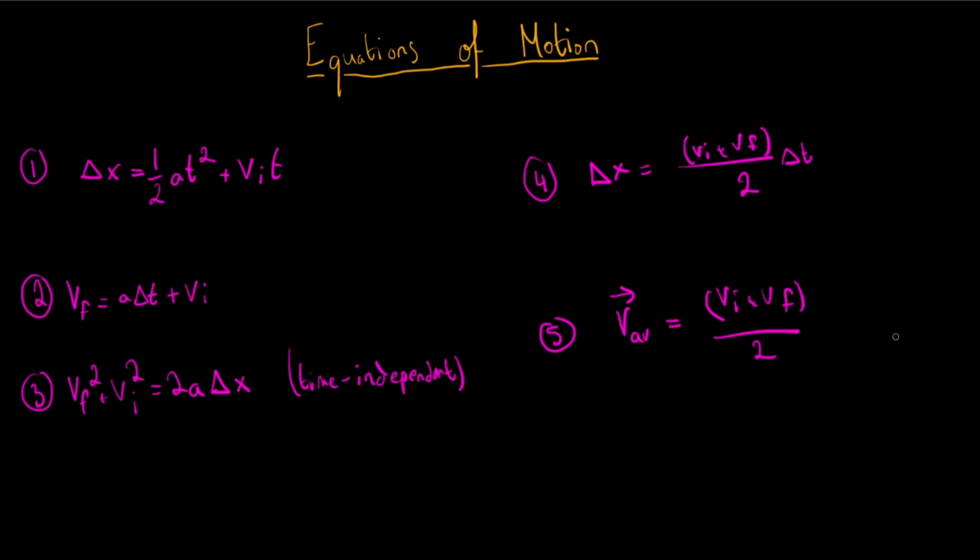So now, knowing these equations of motion, we can solve most questions based on velocity time graphs, acceleration time graphs, or word problems. We're going to do some exercises on these equations of motion.